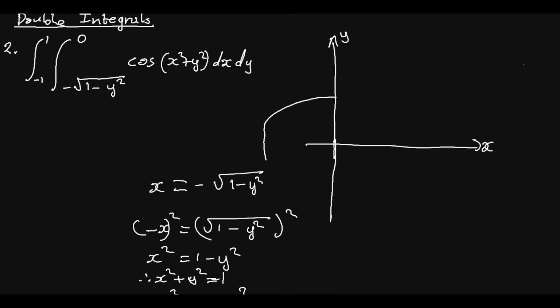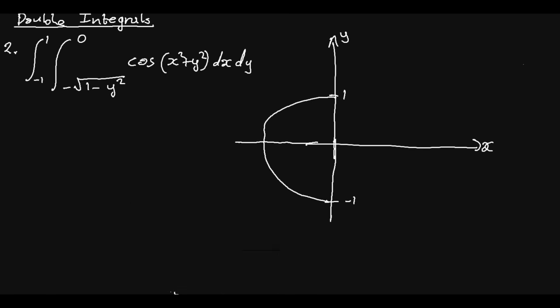The lower limit is the minus side, from there up to x equal to 0. Then the y limit is from minus 1 up to 1. This is just the radius value.